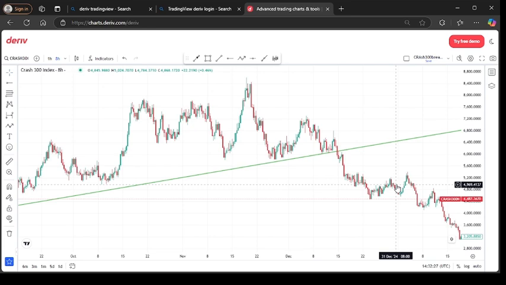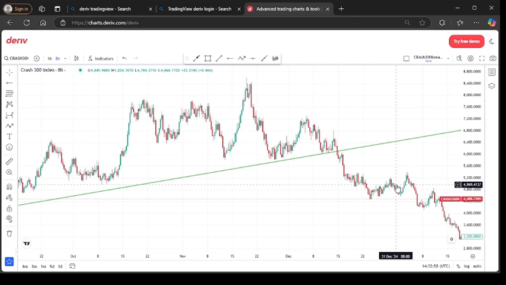Go to 1 hour, go to 30 minutes. If the trend line in the lower time frame also confirms what you are seeing on the higher time frame, like the 8-hour or the daily, then it's a strong confirmation. Then, as you're in Crash 300, you can safely sell knowing that price is going to drop.